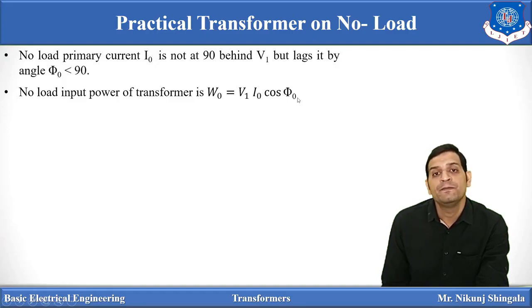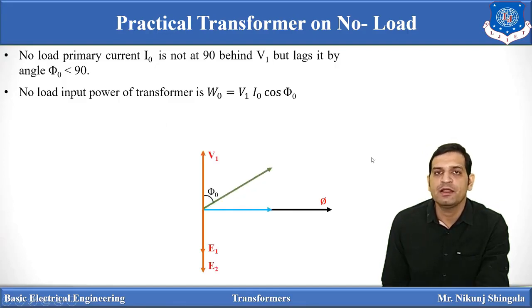Now moving towards the phasor diagram of the practical transformer on no-load condition. We have already drawn this phasor diagram for the ideal transformer. We know phi is taken as the reference. I mu is the magnetization component of the current, which is in phase with phi. V1 leads I mu by 90 degrees. E1 and E2 are in antiphase with V1.